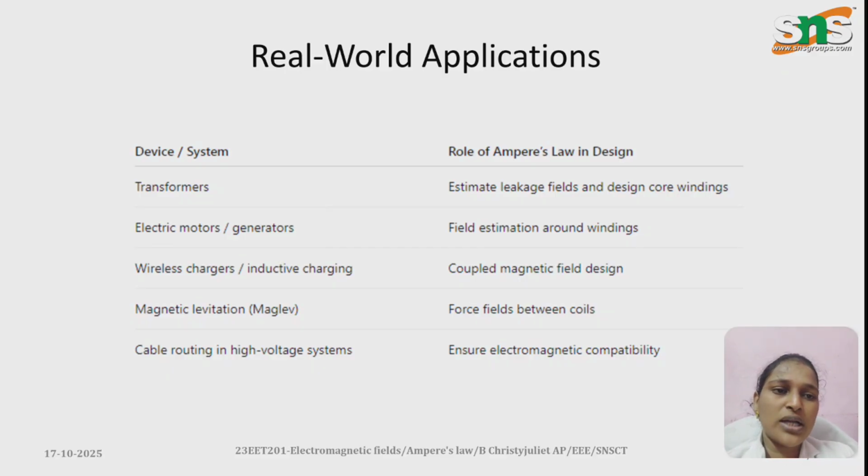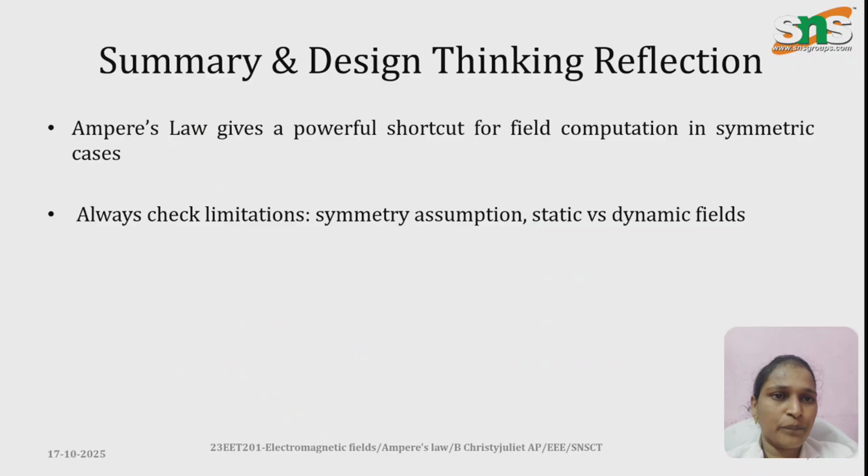For electric motors, we estimate the field around the windings. For magnetic levitation, we use Ampere's law to find the magnetic force between the two coils. And for cables, we ensure electromagnetic compatibility with the help of Ampere's law.